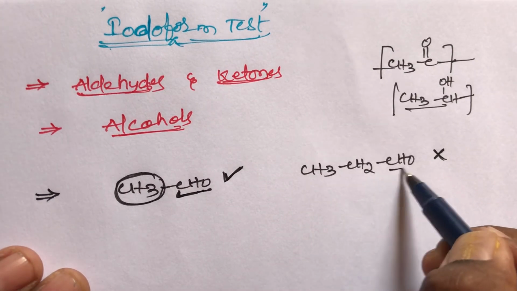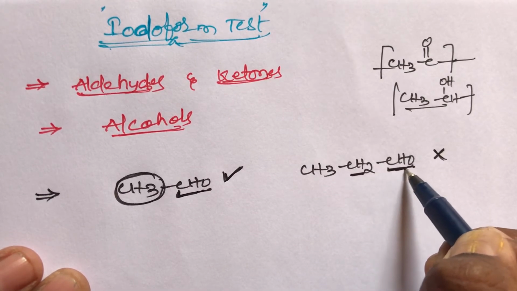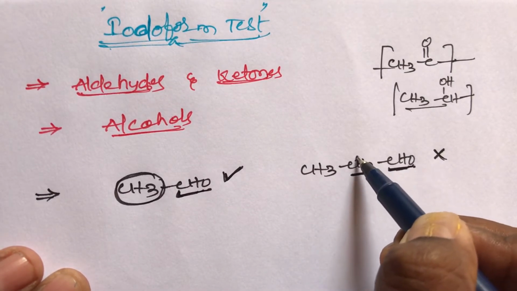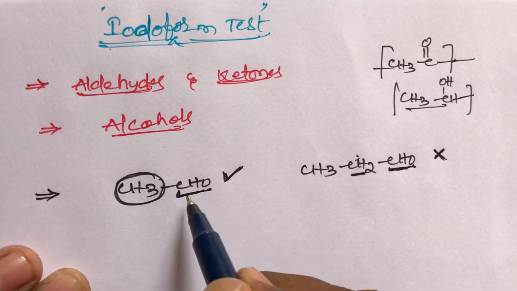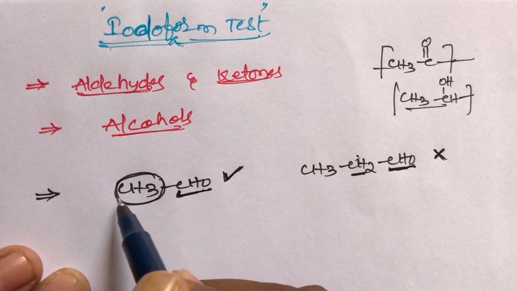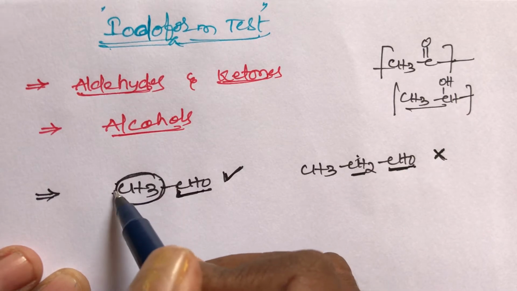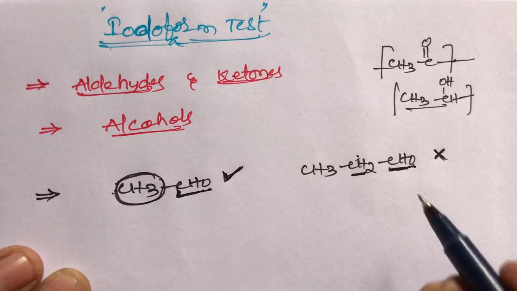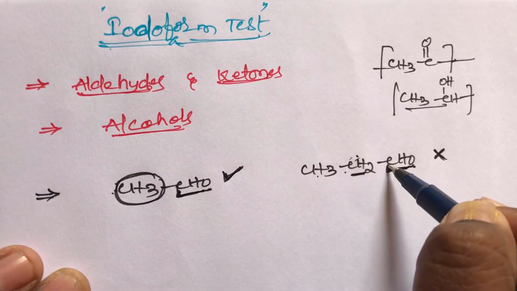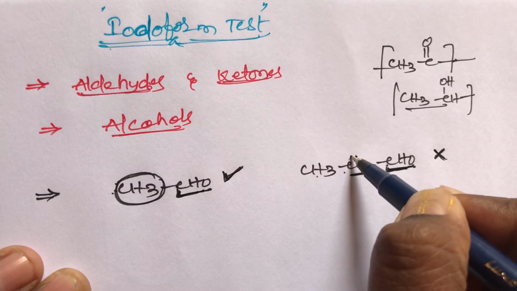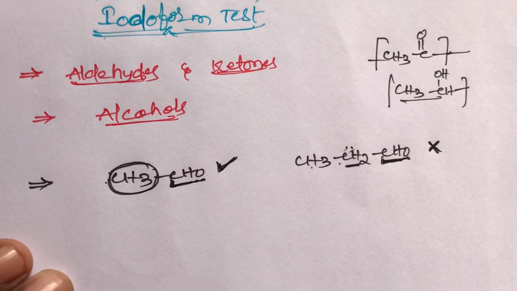Because this aldehyde group is directly connected with a CH2 group. You remember the condition: the aldehyde group must be directly connected with only a methyl group, and that always gives the iodoform test. If the aldehyde group is directly connected with an ethyl group, that means CH3CH2, so the aldehyde group is connected with the CH2 group, and that compound does not give the iodoform test. This is a very important simple trick.